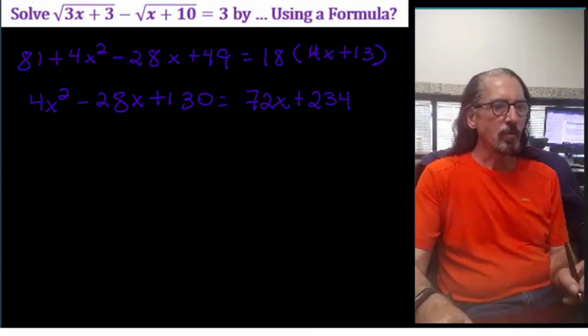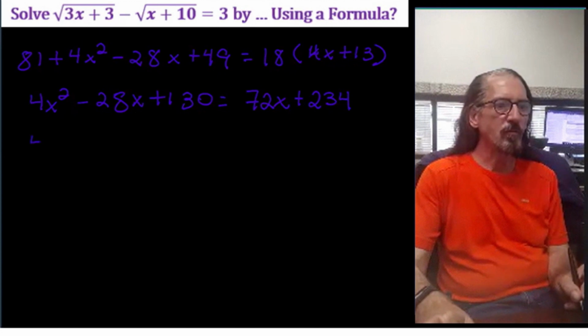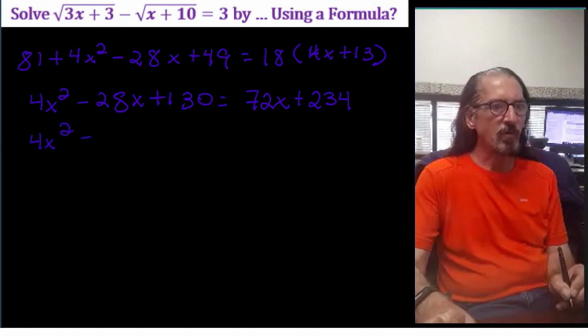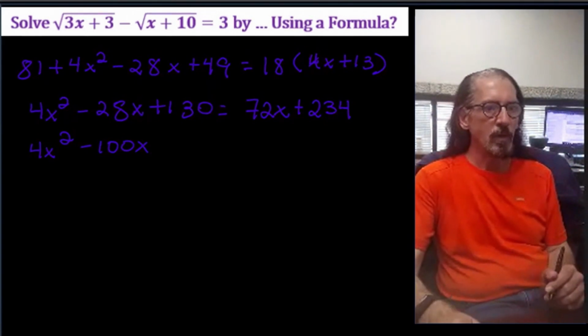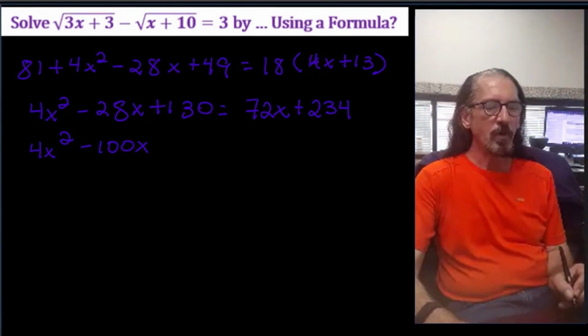Finding like terms, subtract 72x from both sides. Negative 28 minus 72 will give us 100. So 4x squared minus 100x. And then 130 minus 234 would give us negative 104.